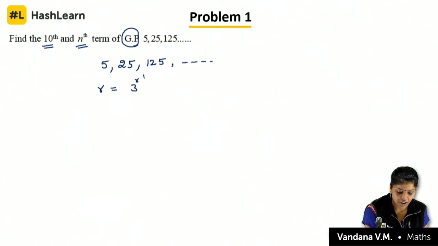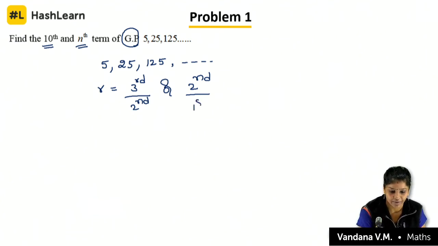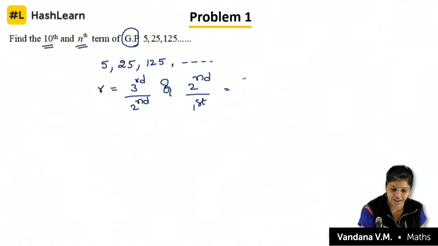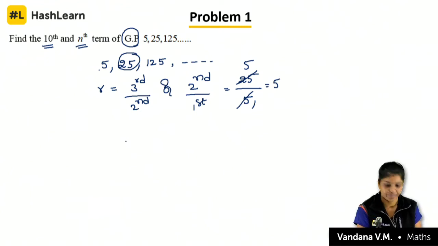Maybe third term divided by second term, or simply, since the values will be very small, second term divided by first term. However you want, you can calculate. The second term is 25 and the first term is 5. 5 ones are 5, 5 fives are 25. Your common ratio is 5.